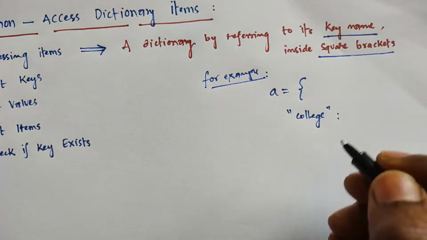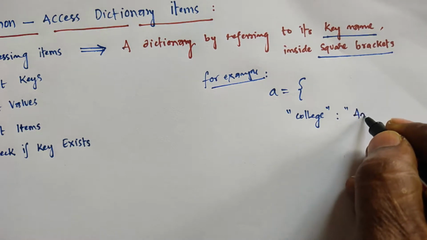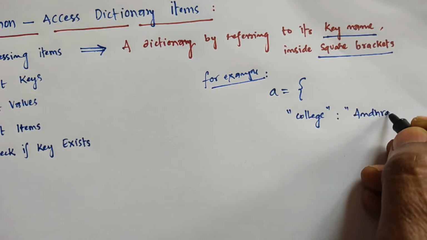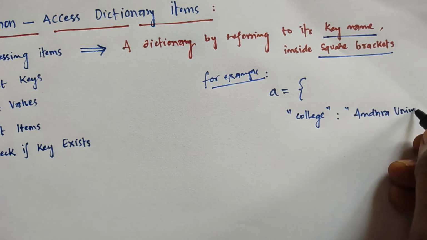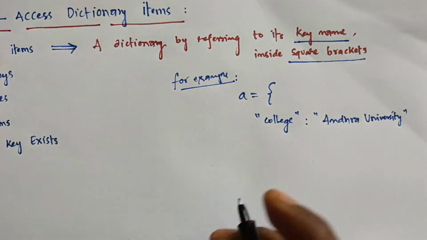We always have to use the colon. The next one is the actual value, Andhra University. That is the actual college.